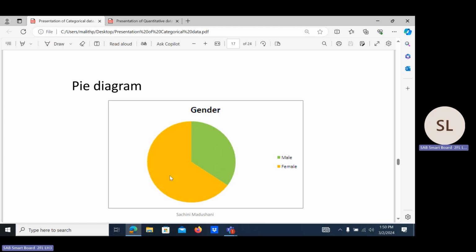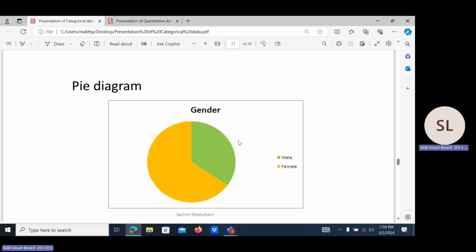For example, if the female share is 200 degrees, we do not display 200 degrees; we display the percentage value. We use the degree value to draw the pie chart, but we display the percentage of each category. Understood? That is the systematic way to represent a pie chart. Understood? Okay.